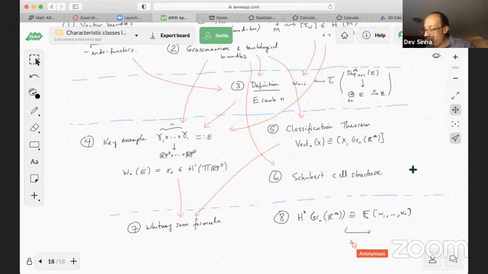So this is the classifying map for gamma_1 cross gamma_1 on cohomology, which is going to send those to the symmetric polynomials inside the cohomology of Grassmannians, and the fact that this is an injection uses the Schubert cell structure as well as what we know of this key calculation. And then the Whitney sum formula uses that injectivity. So maybe I'll call this 7 and the other one 8.